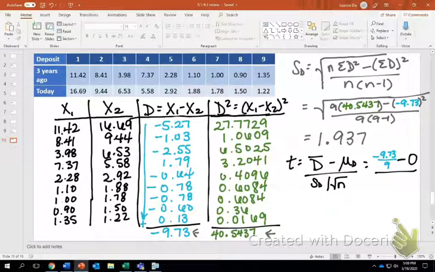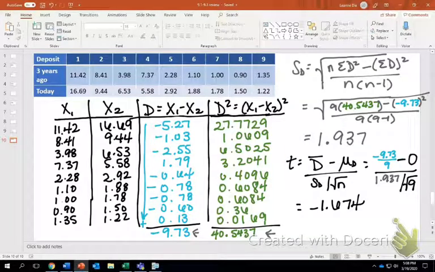Our standard deviation we found was 1.937, and we are dividing that with the square root of our sample size, which is 9. Use a calculator, and we should get a value of t is equal to negative 1.674. And I rounded to 3 decimal places because our critical value of t is 3 decimals as well.